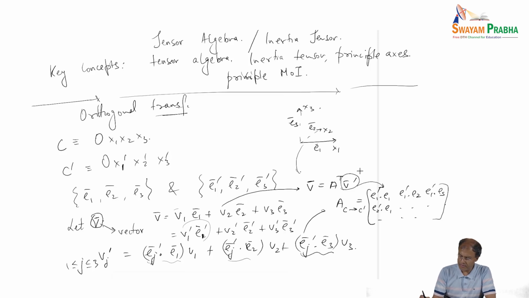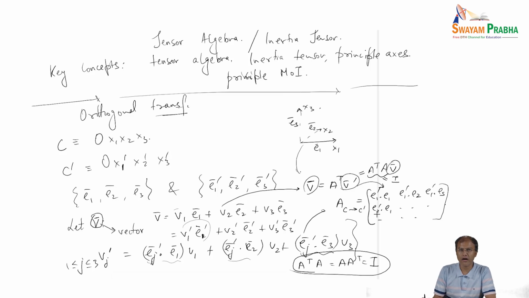Or my V prime is A V. So V is A transpose A V. So we see that V is related to V itself, which means that this quantity A transpose A has to be the identity. So A transpose is A inverse, which means that our matrix of coordinate transformation has to be a unitary matrix.